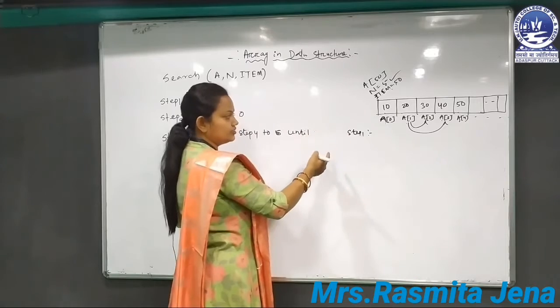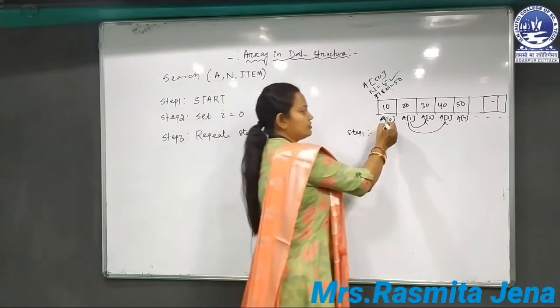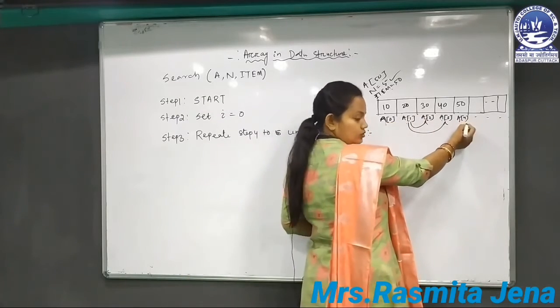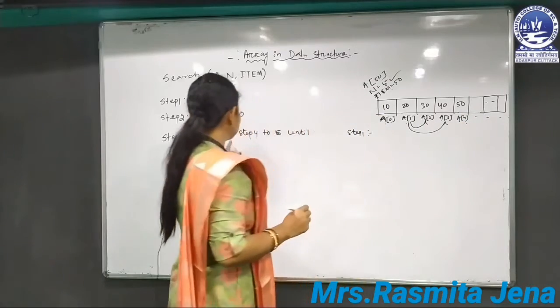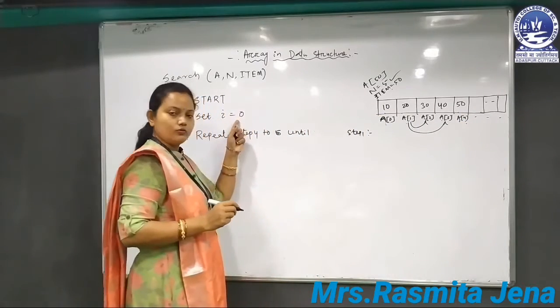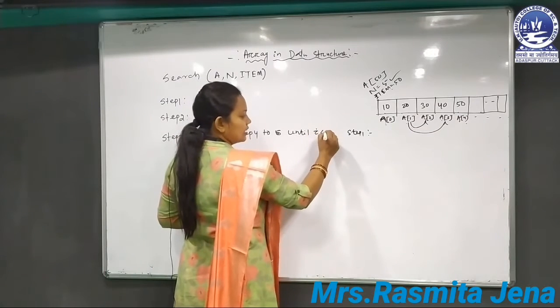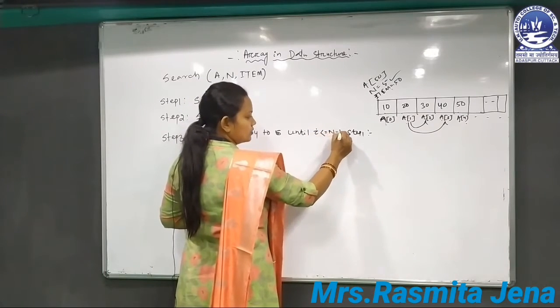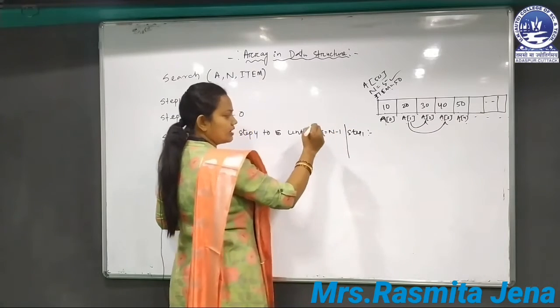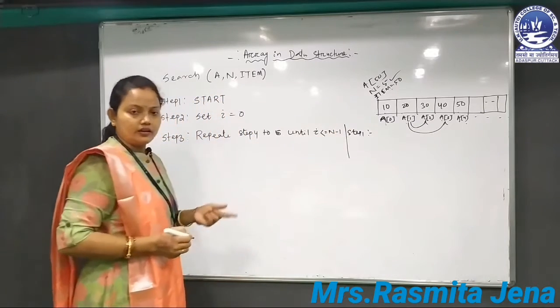What will be the condition? We will check from this location to this location. As we set the counter variable I equals 0, the condition becomes I less than or equal to n minus 1, or you can write I less than n.